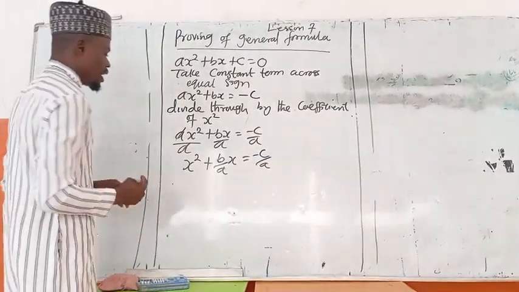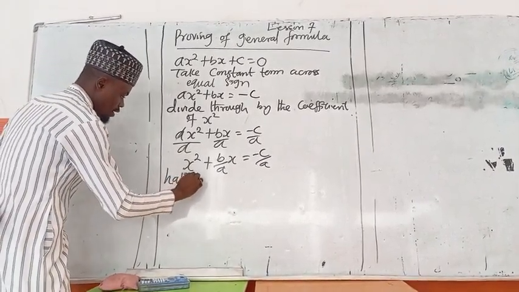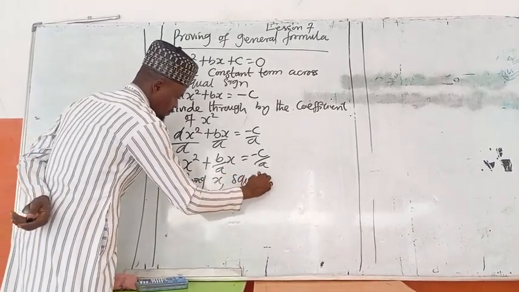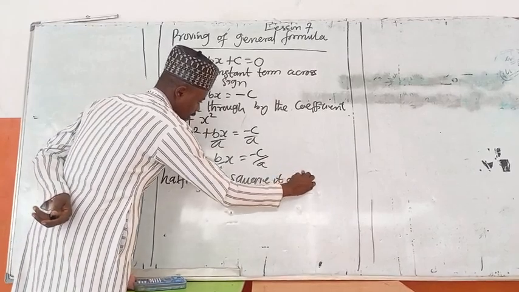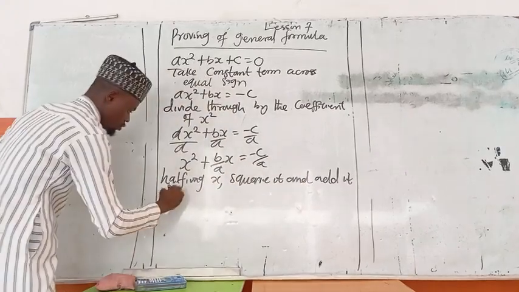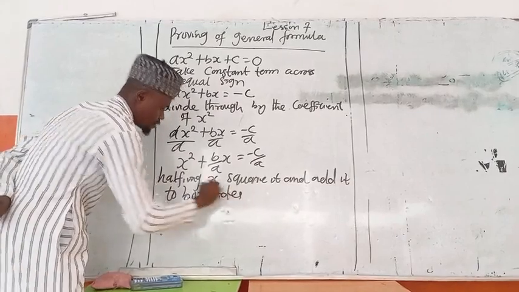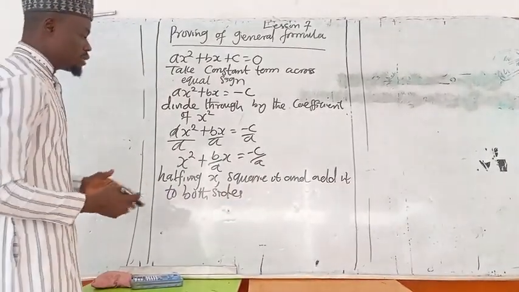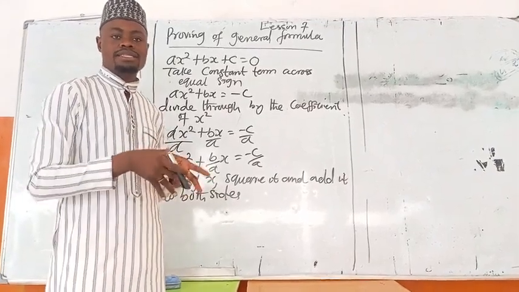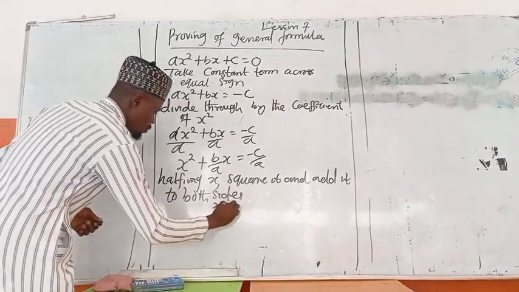Then the third statement is halve x, square it, and add it to both sides. In this case, we are dealing with only x, not x squared, in this statement. Halving x means let x be half, which means that our coefficient here is 1 over 2.